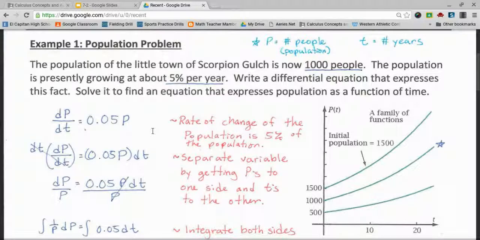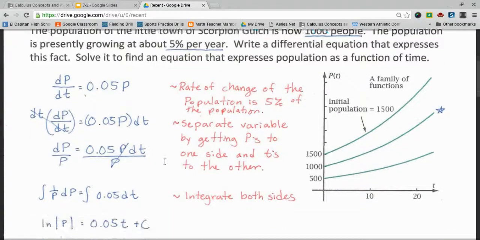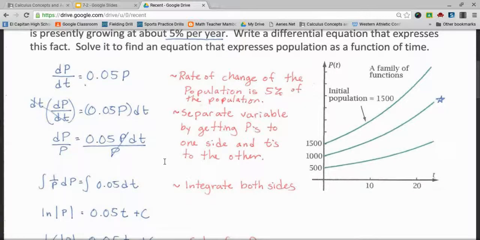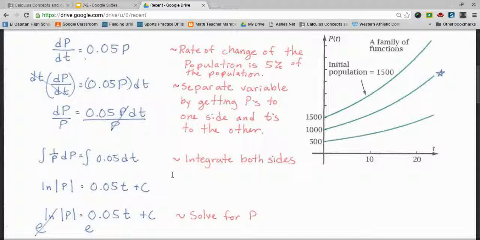And like class, we want to separate our variables. I want P's on one side, and I want t's on the other. And you do that every single time. Okay, you always want to separate your variables. So once I'm done separating, I had 1/P dP equals 0.05 dt.